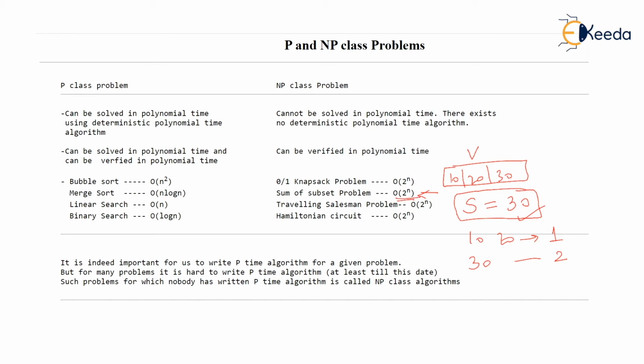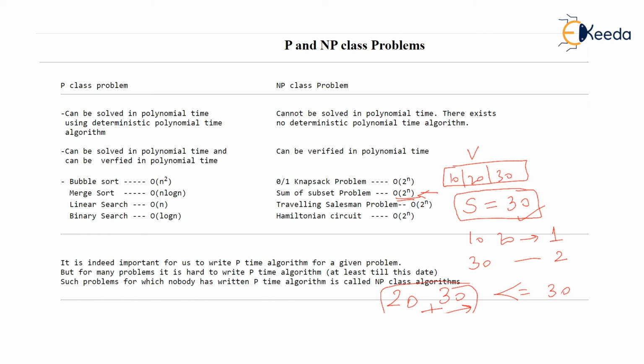But let's change the problem. Suppose I give some list of numbers, let's say 20 and 30, and ask you to verify when these values are added, will it give us the sum less than or equal to 30? Then this can be easily verified in the order of n.